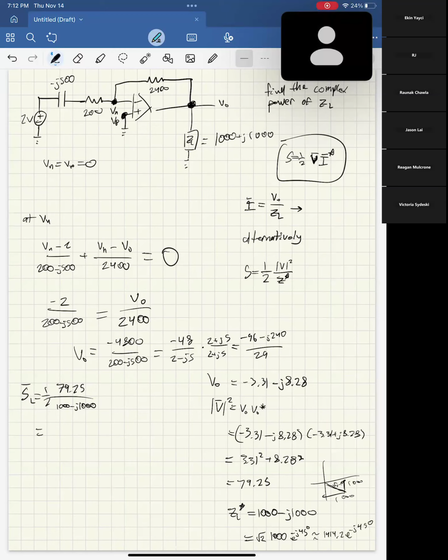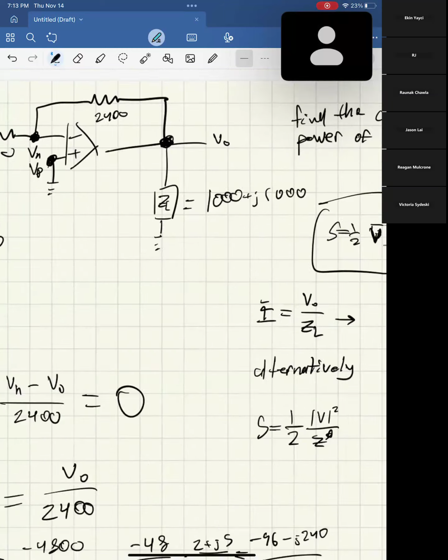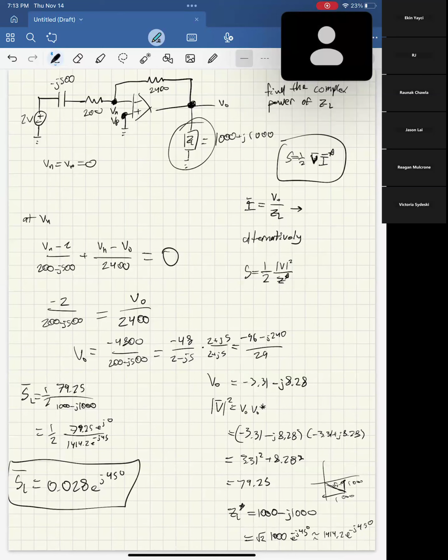So since you can do that pretty easily, then you could say, okay, it's 1/2 times 79.25 e to the j 0 over 14.2 e to the negative j 45. And that will give us a final answer of about 0.028 e to the j 45 degrees. And that would be the complex power dissipated, or the complex power associated with our load resistor.